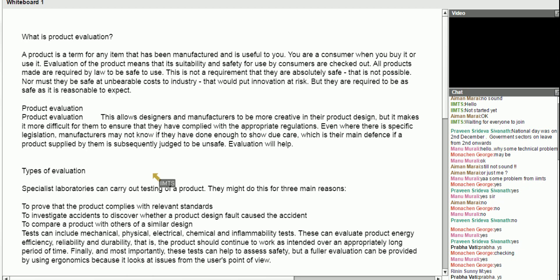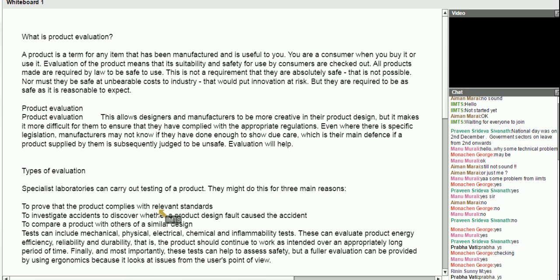They might do this for three main reasons. Now, why do they test the product? First, to prove that the product complies with relevant standards. It means they check whether the industry standards are completely followed for manufacturing that product or not. Second, to investigate accidents to discover whether a product design fault caused the accident or not.